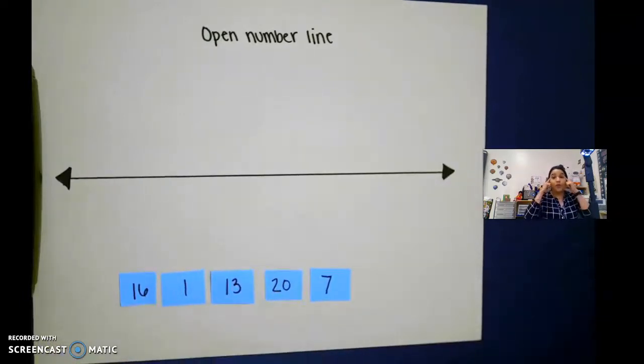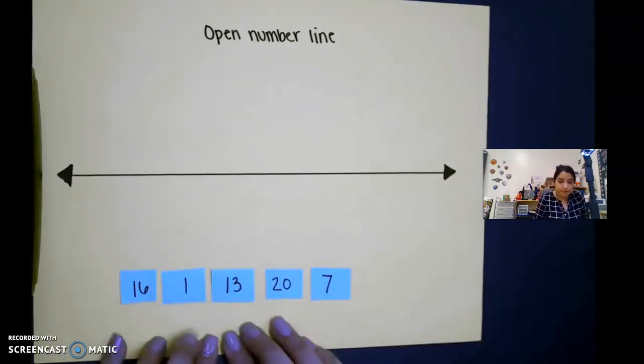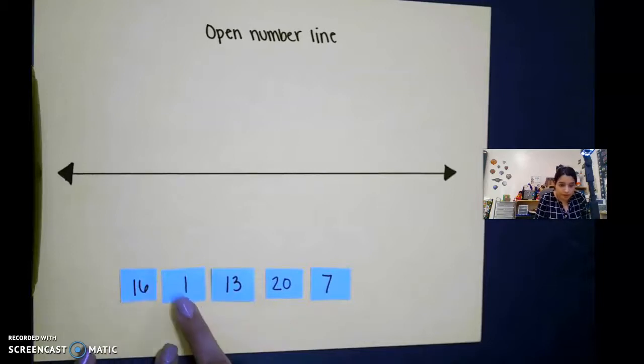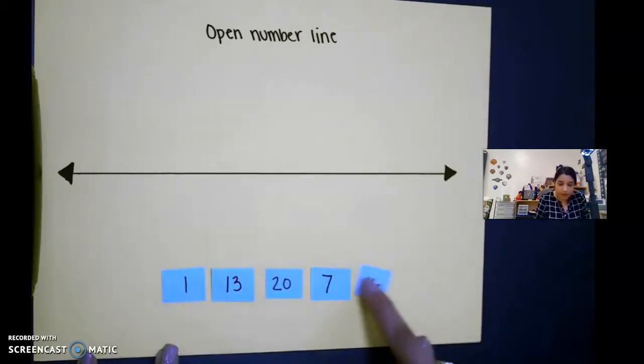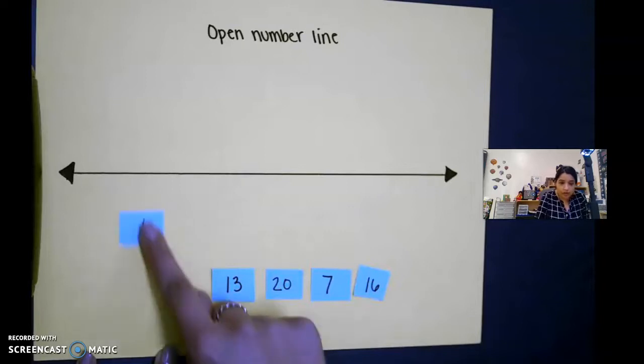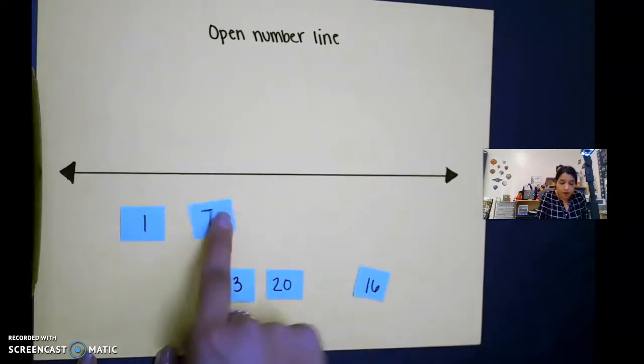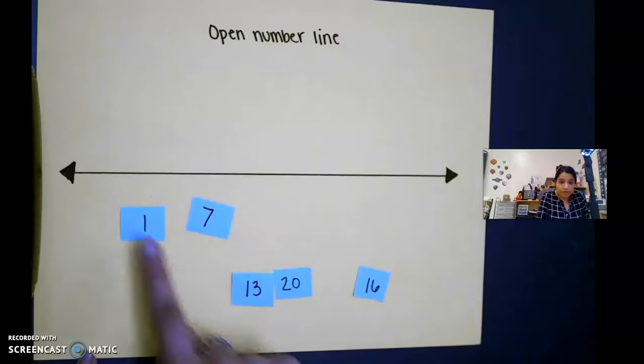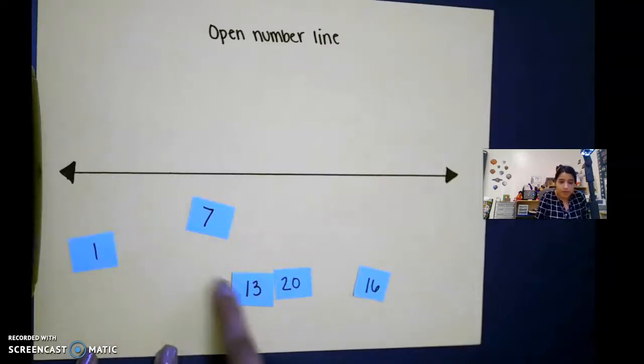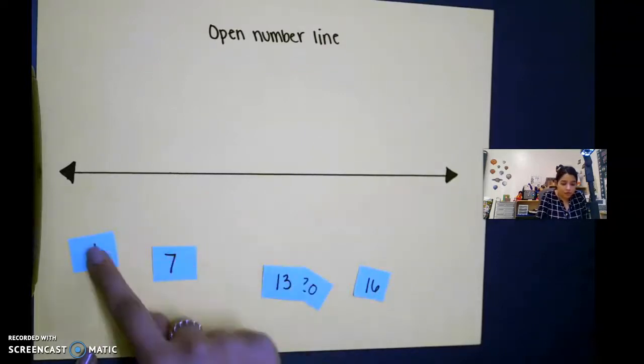So now that I know my two number line rules, let's look at our numbers. What I see is that two numbers are one digit. So I have 1, which is one digit, and 7, which is one digit.